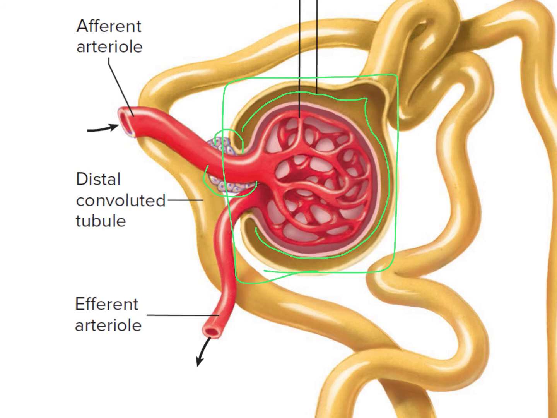What are we filtering? You're filtering stuff out of the blood. Yes, exactly. The goal here is to filter all of the stuff out of the blood that we don't want to keep in the body. And that all happens here. So as blood travels through these capillaries, almost everything actually will get filtered out of that blood. We'll talk about the details of that in a little while.